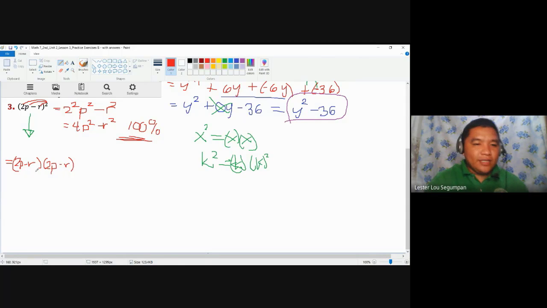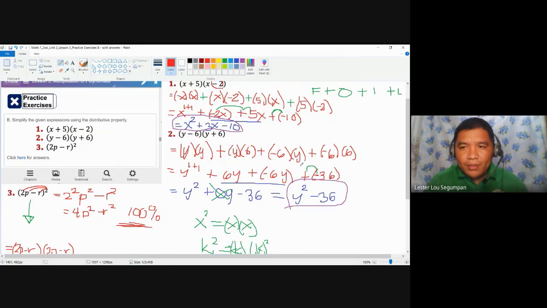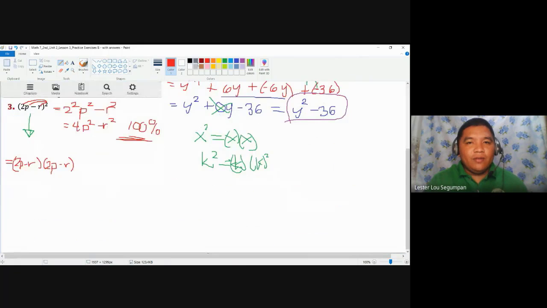And then, as you can see, binomial times binomial, we may use the FOIL method. FOIL means first. So you have 2p times 2p. And then you separate with a plus. You have 2p times, again, the next term, which is minus r.